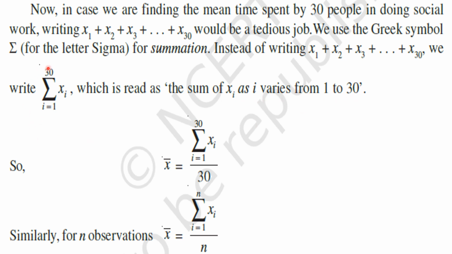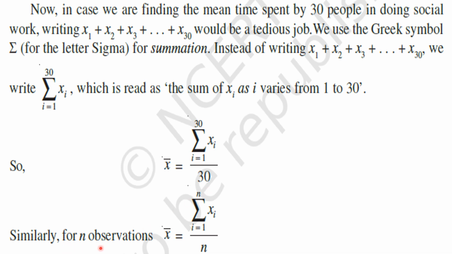Understood this notation, my children? Sigma i is equal to 1 to 30 xi denotes the sum of the 30 observations. So x bar is equal to the sum of the observations, sigma i is equal to 1 to 30 xi, by the number of observations, 30. Understood this step, my children? Right.